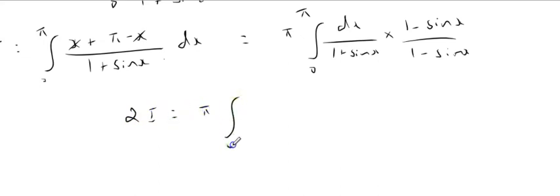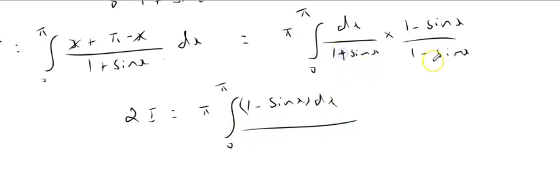pi times the integration of 0 to pi of 1 minus sine x dx divided by, this is of the form a plus b into a minus b, that is a squared minus b squared. So that is now going to give you 1 minus sine squared x, which is nothing but cos squared x.